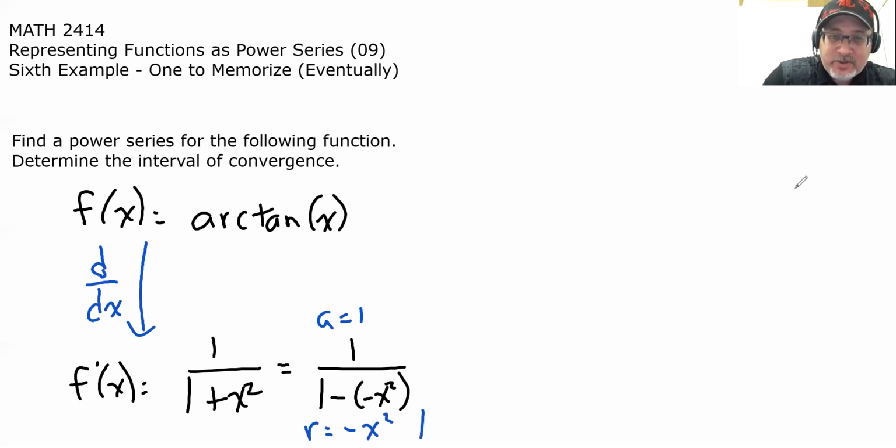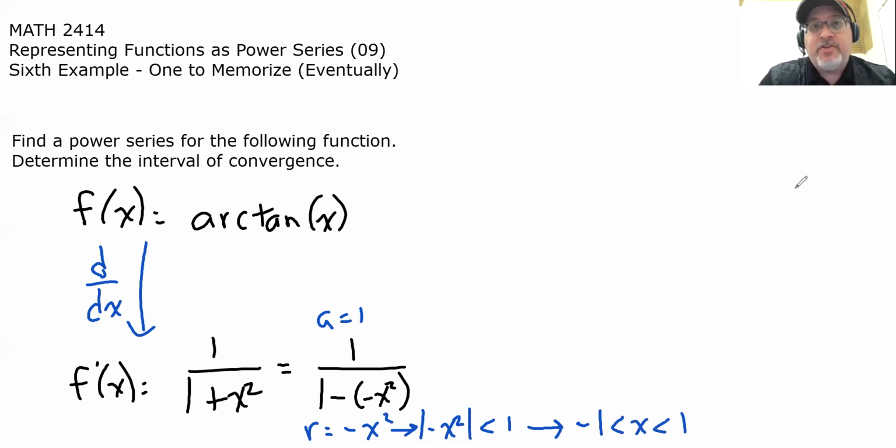Yeah, we definitely did this one because I remember saying that when the absolute value of negative x squared is less than 1, because I remember drawing the parabola, that means that x is between negative 1 and 1. So that will be our interval of convergence for our series for arctangent, but we will have to check the endpoints as well. But let's go ahead and build our series.